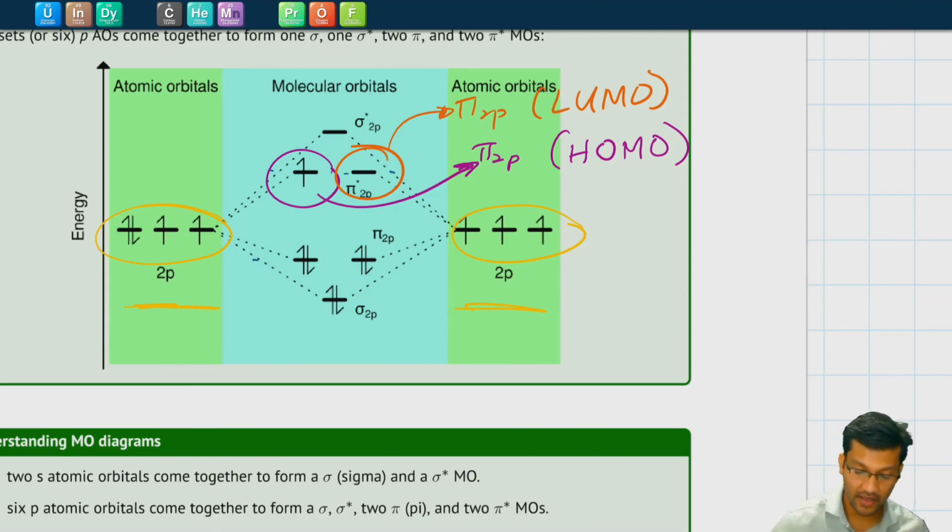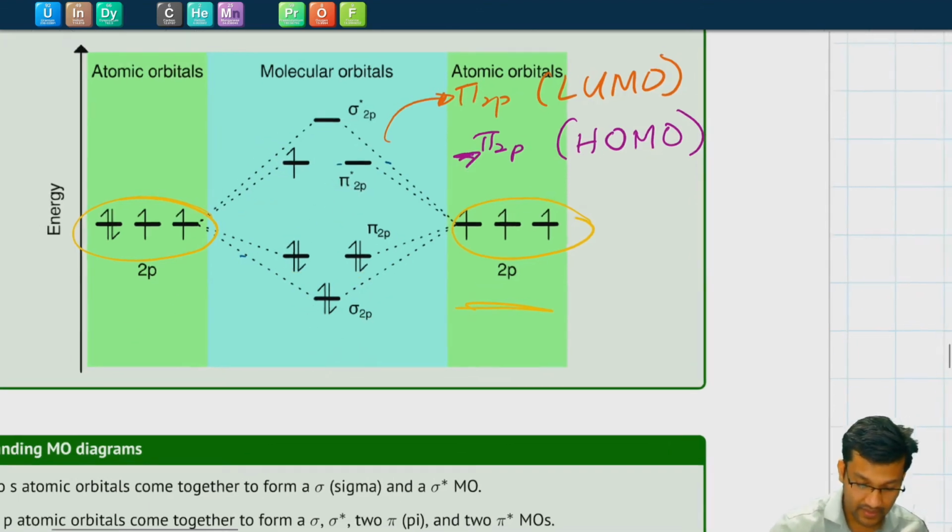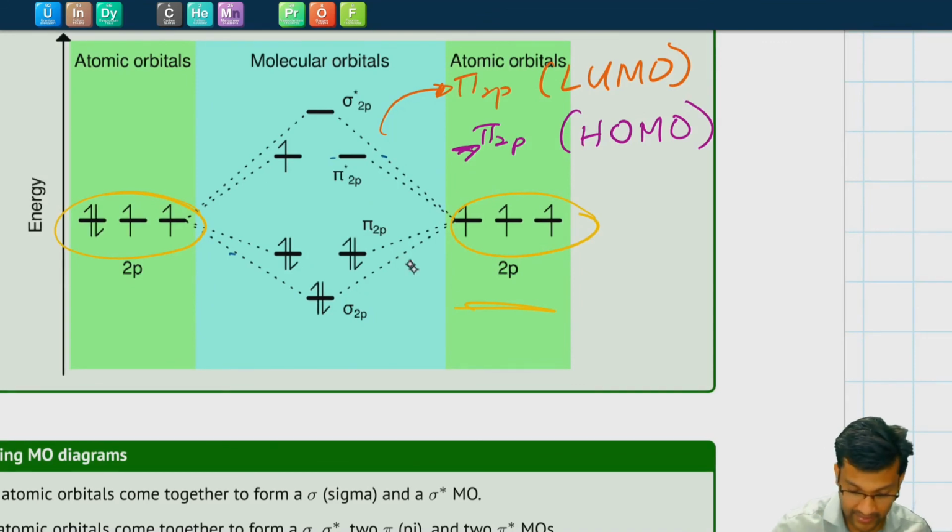We talked about the shapes of them and why we have, for example, 2 pi and 1 sigma when p orbitals come together, and also why the bonding orbitals are lower in energy and the anti-bonding orbitals are higher in energy, and also the ordering. The ordering depends on which atoms come together.